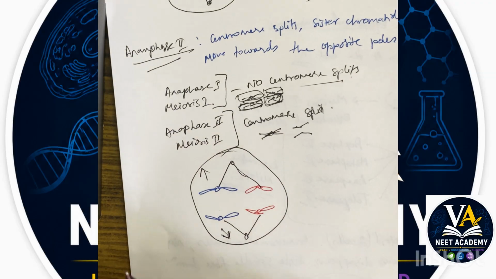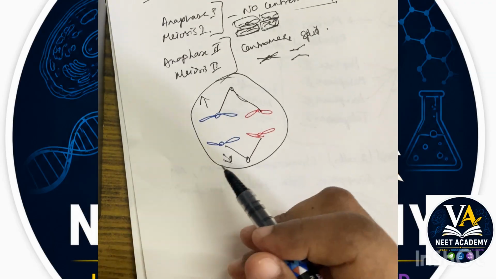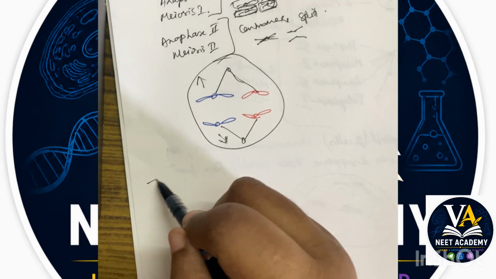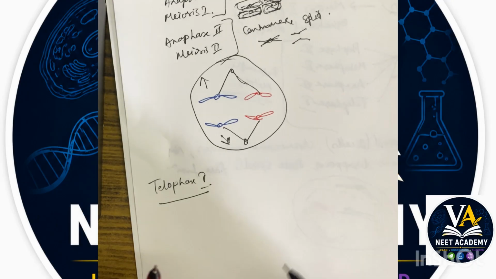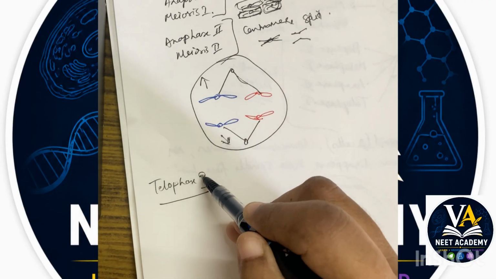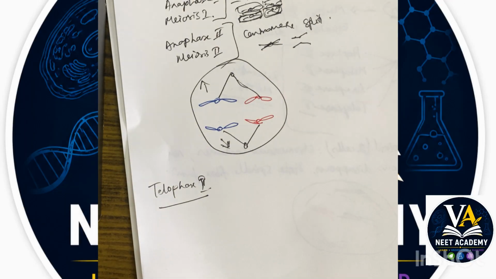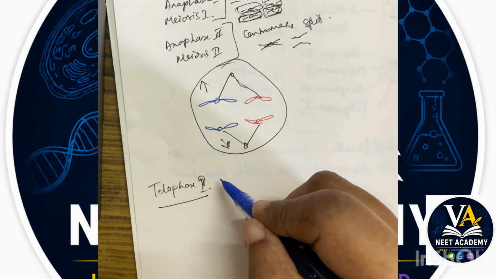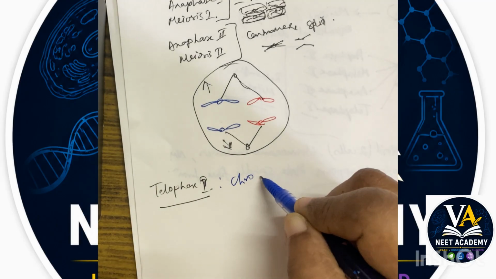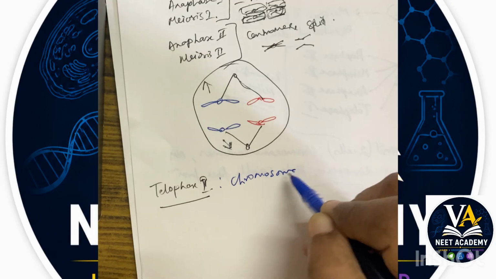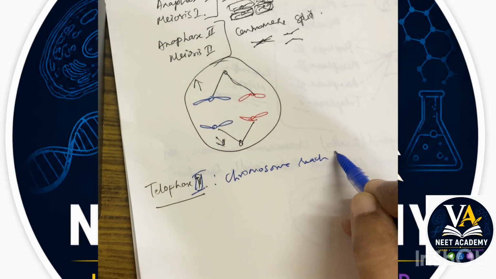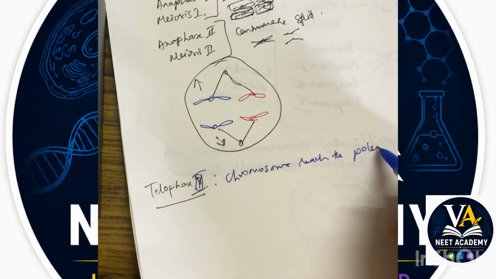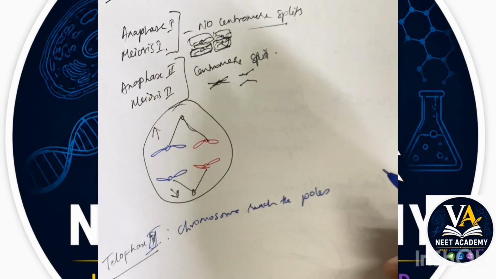This is followed by what stage? After anaphase, the final stage is telophase, telophase II. What are the special events happening here? The chromosomes reach the opposite poles.